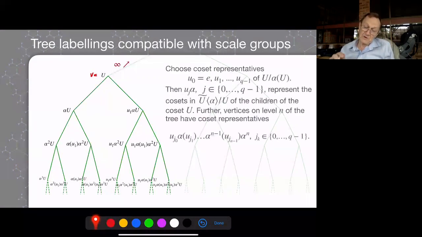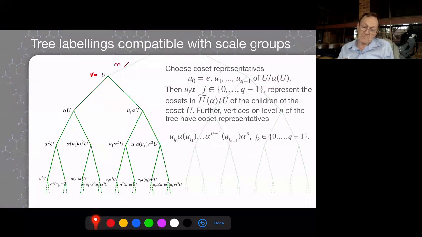If we choose coset representatives, we'll call them U0, which is just the identity, and then there are Q minus 1 other representatives. These are coset representatives for this quotient space, and this set of cosets has order Q because, sorry, Q plus 1 is the valency of the tree on which U acts.